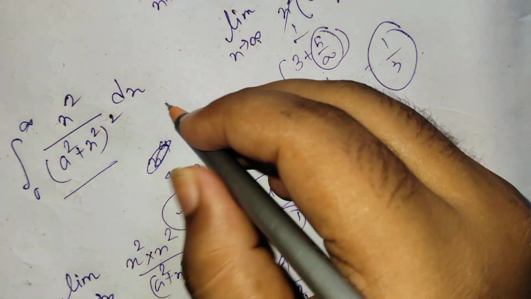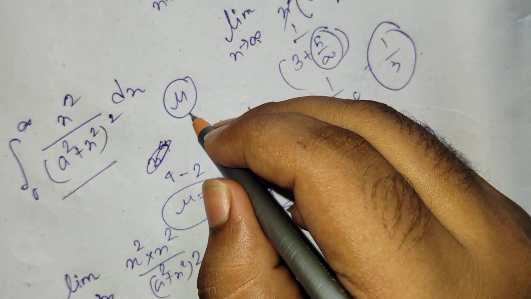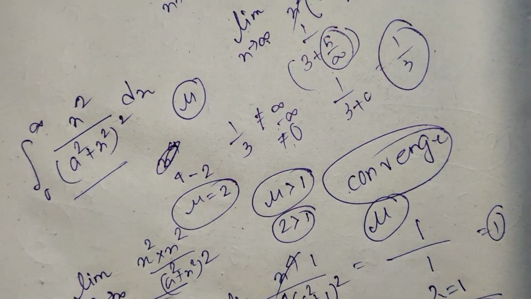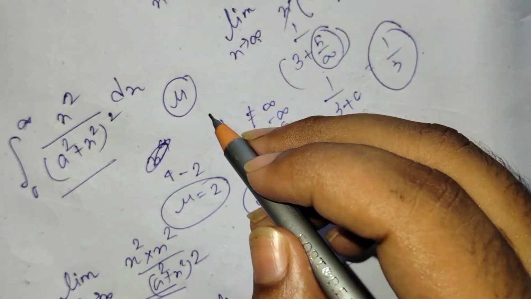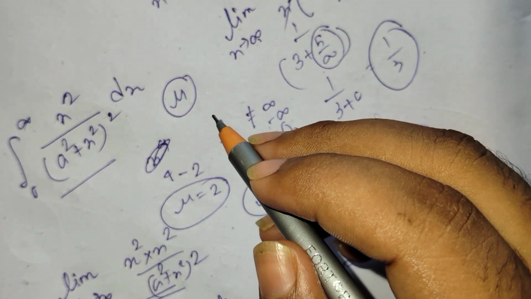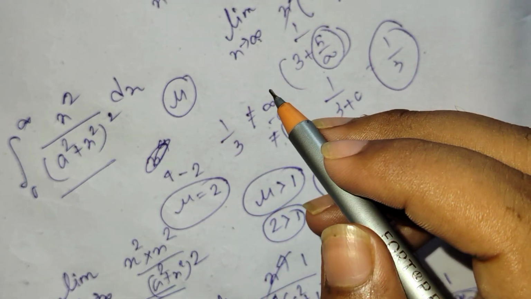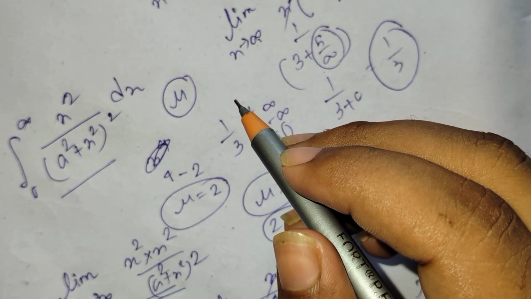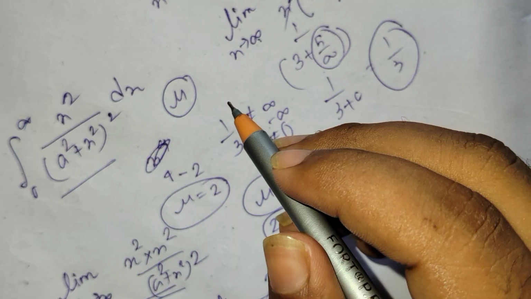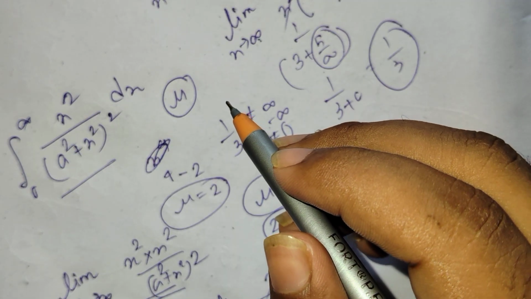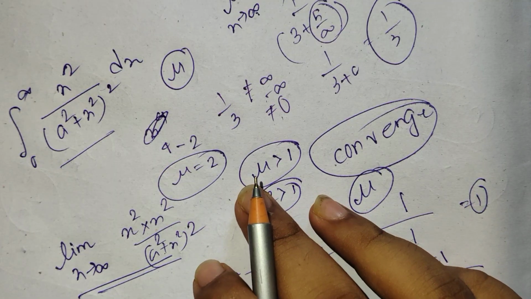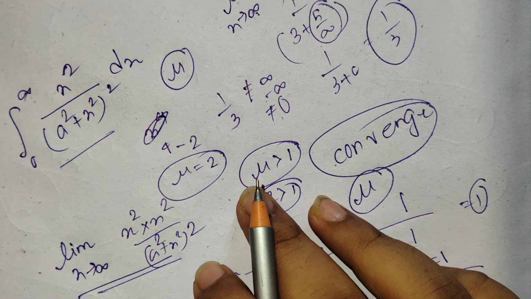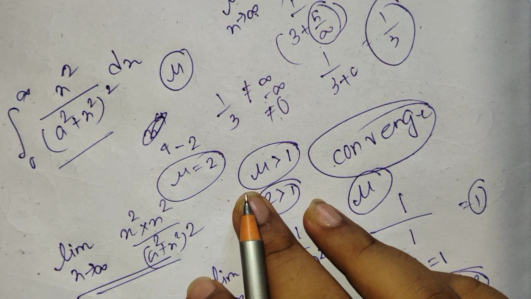We have to choose mu carefully, in a way so that the limit will exist. So let's talk about another example of the mu test.